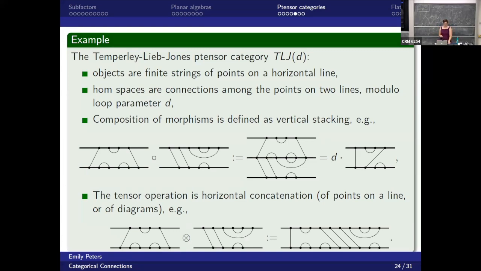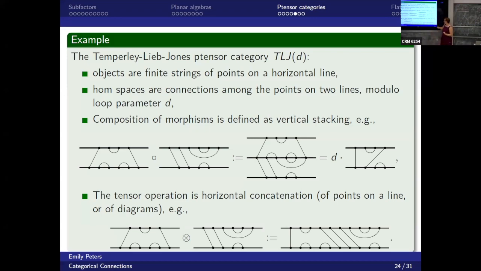And I'm not going to say much about it. No, that's a lie. I'm going to tell you some things about it, that our objects are just points on a line. Our Hom spaces are connections in a strip between two lines, which again, we're not allowed to have cross each other. And when we create a loop, we throw it out and multiply by delta.